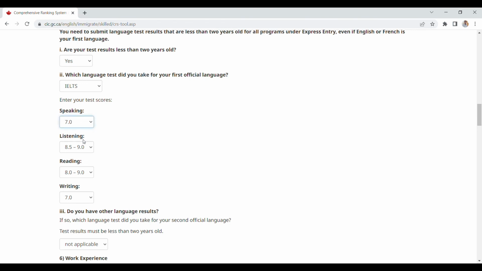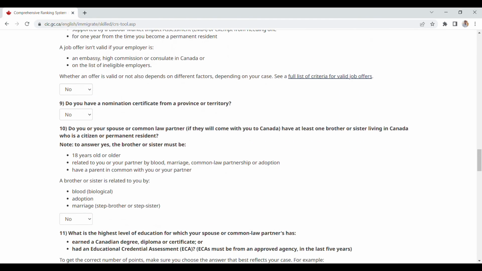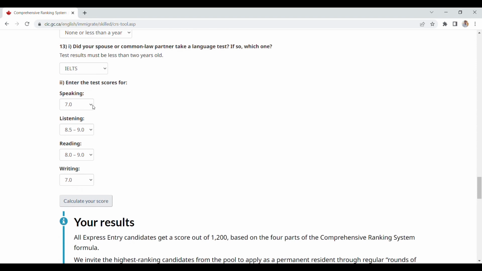So in speaking, I'm increasing the band to 7.5 to 9, which is the highest. And in writing too, I'm taking the highest band which we have received, that is 7.5 to 9. Similarly, for the spouse, the actual scores received by Nish and Joy are 7.5 to 9 band in speaking and 7.5 to 9 band in writing. Now let's see what the score comes to.